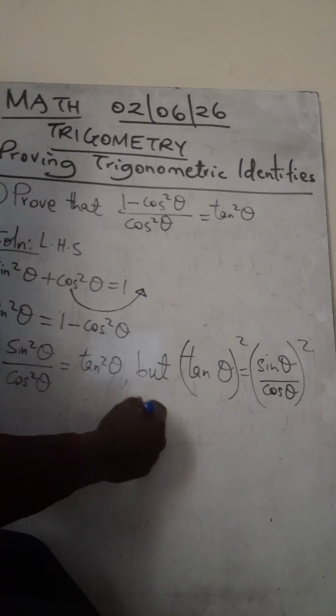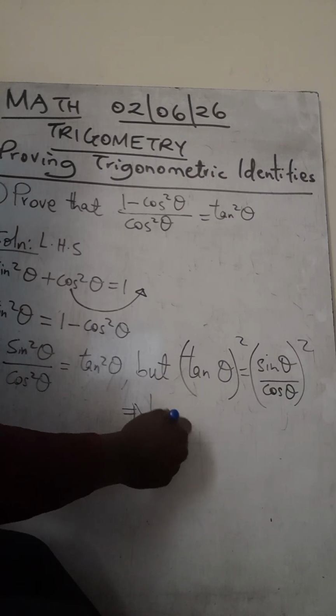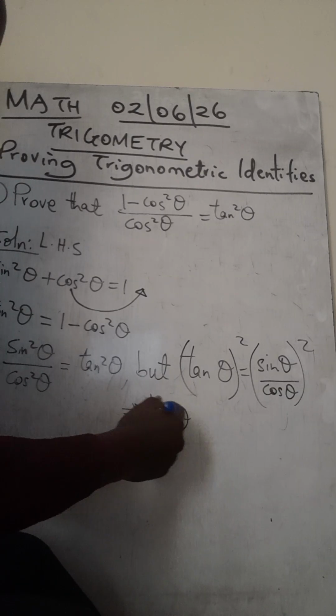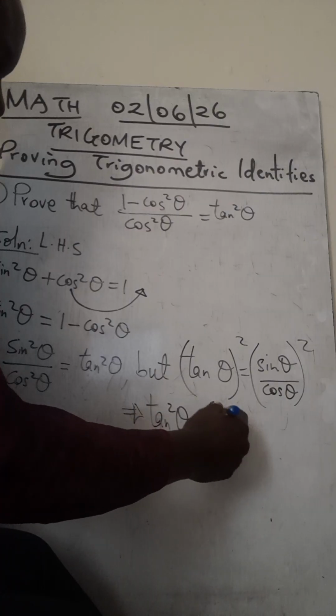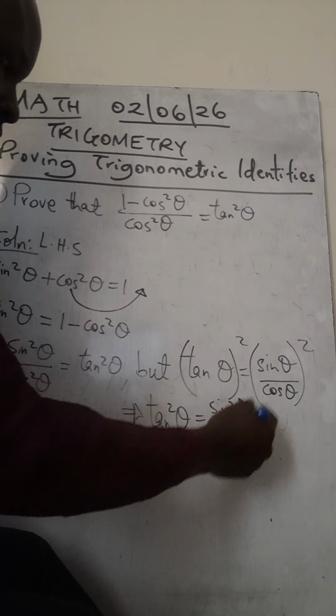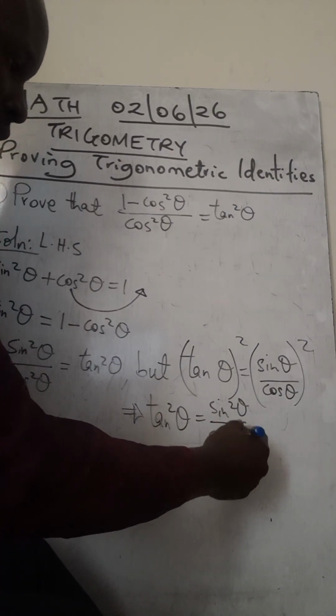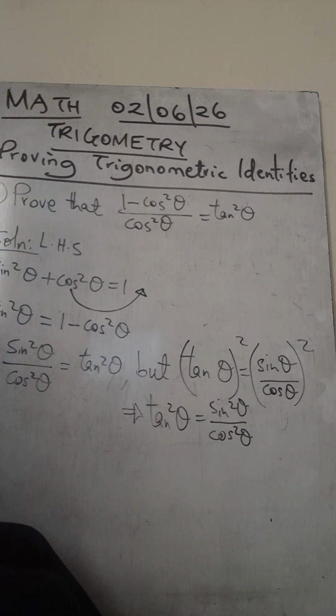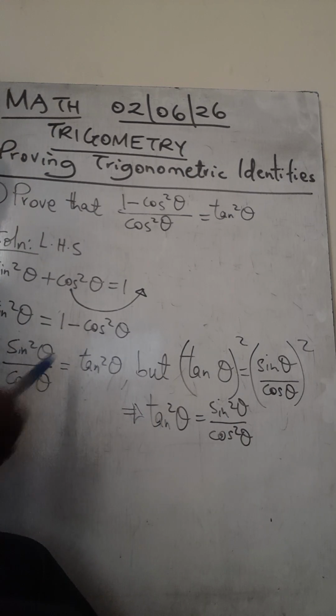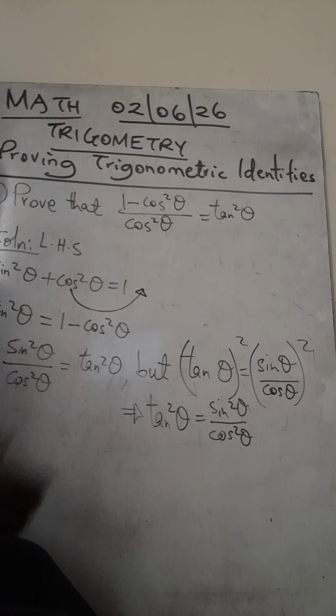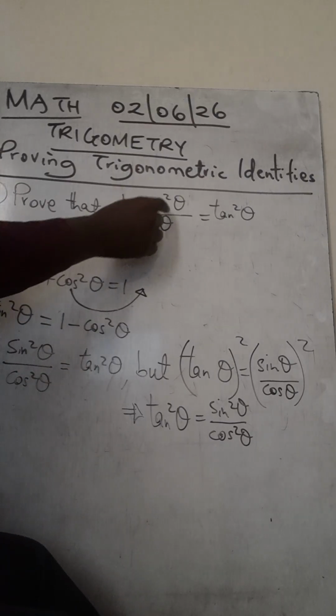So tan squared of theta is the same as sine squared of theta over cos squared of theta, which is just this. That is one of the ways when you just focus on the left hand side.